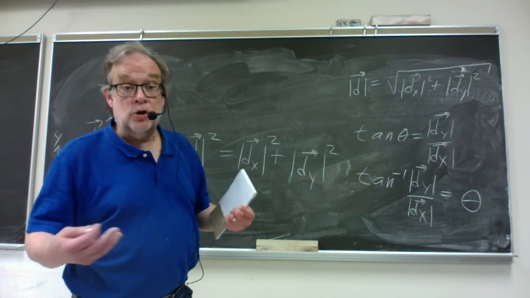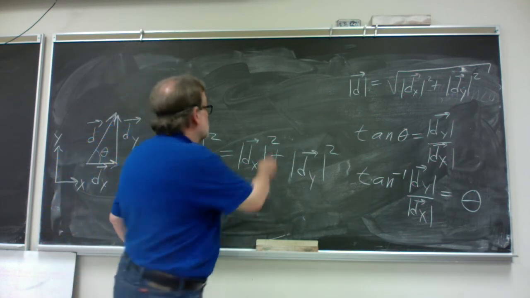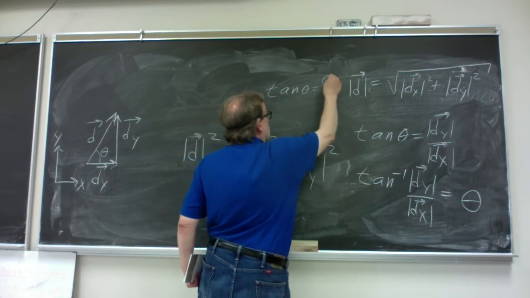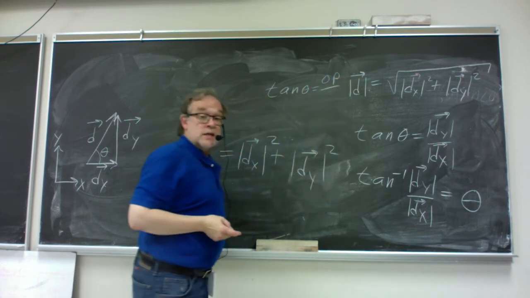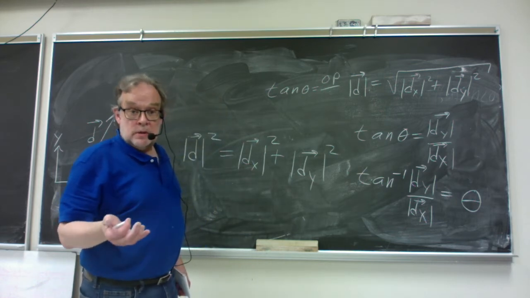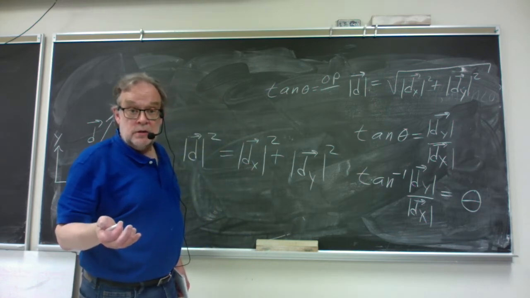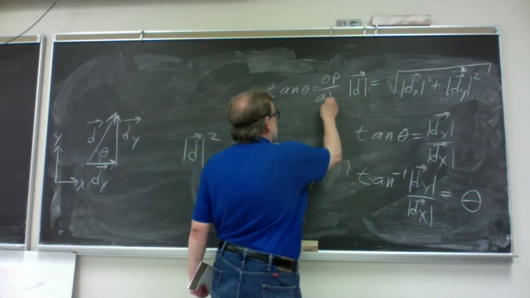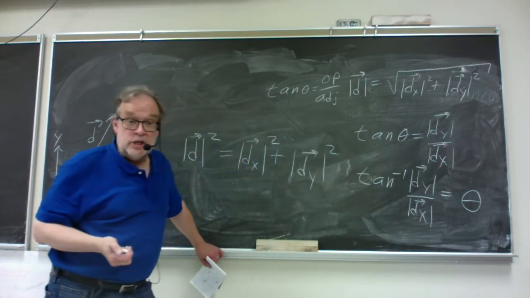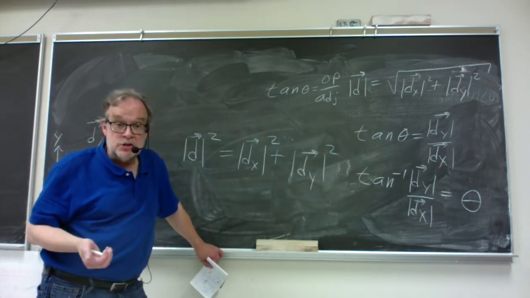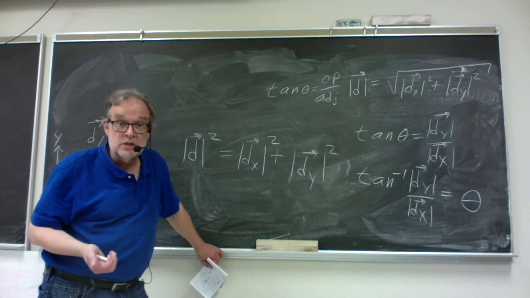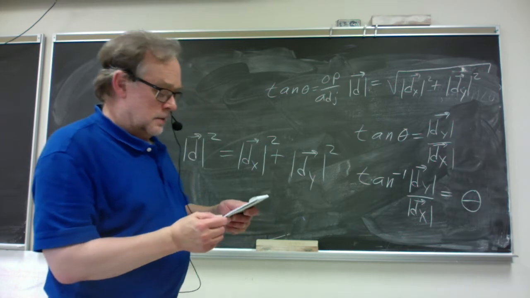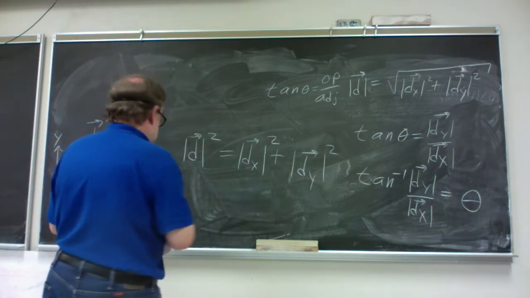But what we can say is true always is that tangent of the angle is just a ratio of the length of the side opposite, the magnitude of the component opposite to theta, divided by the length of the side adjacent, that is the magnitude of the component adjacent to the angle. Now, it's a lot of words there. Let's see how it actually works out in practice.